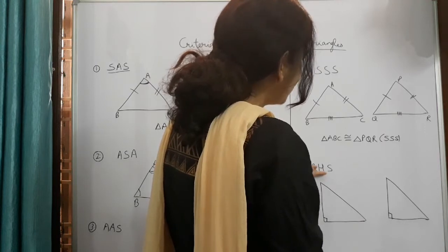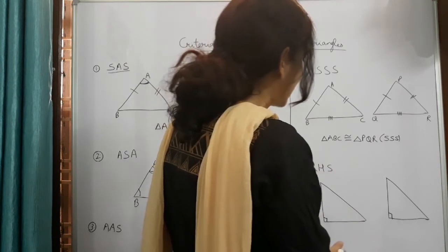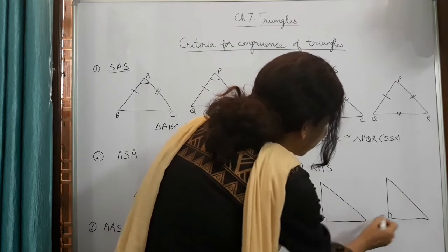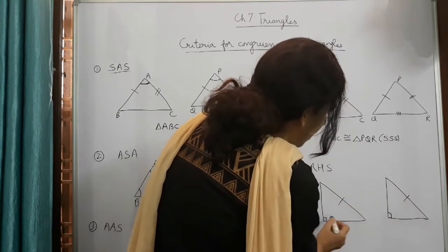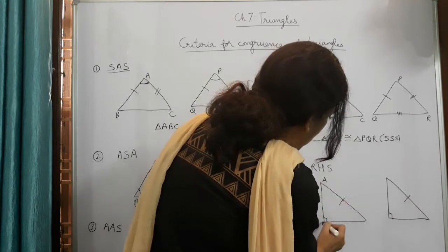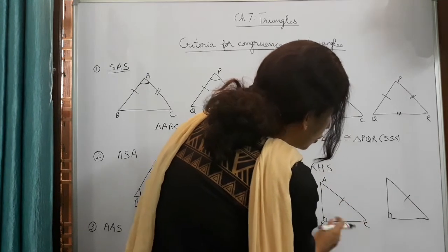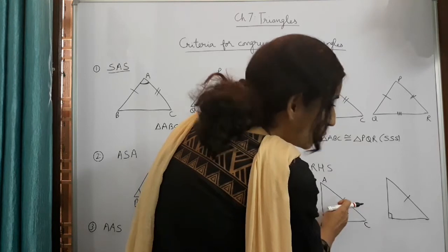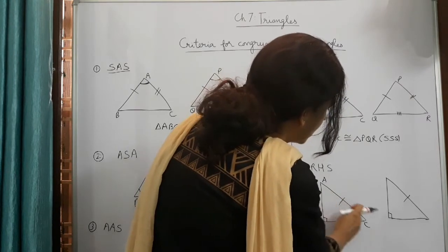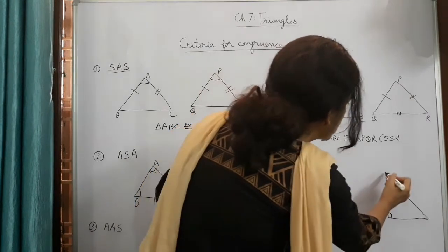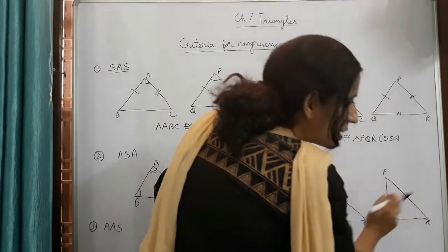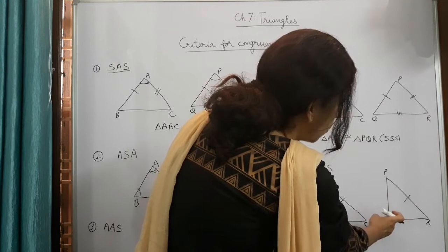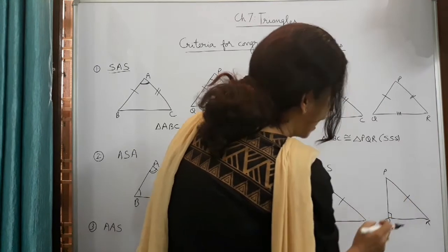Next is RHS criteria of congruence, that is right angle, hypotenuse and side. So we know that if this is triangle ABC, hypotenuse is the side which is just opposite to right angle. So AC is the hypotenuse, and in this triangle PR is the hypotenuse because it is just opposite to the right angle.